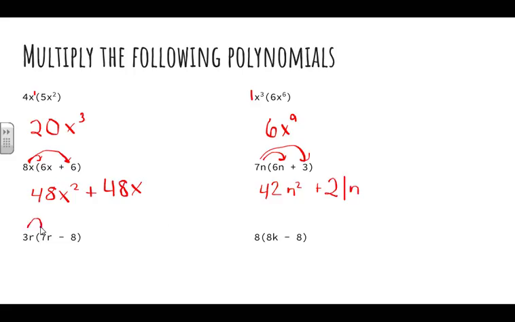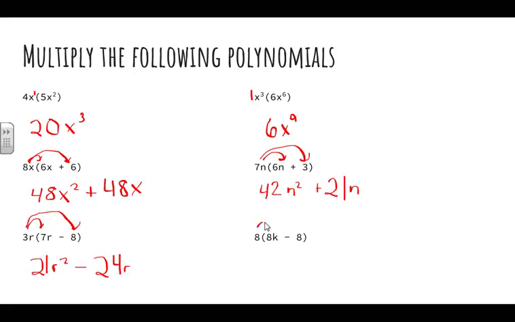Almost done. 3r times 7r minus 8. So 3r times 7r is 21r squared. 3r times negative 8 is negative 24r. So 21r squared minus 24r.